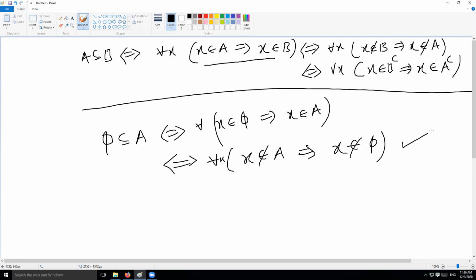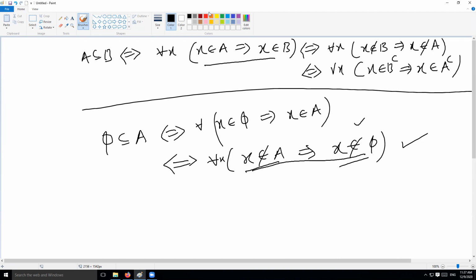This is true indeed. In other words, if you pick an element that is not in A, that element would not be in the empty set. In fact, this is true in general, whether x is in A or not doesn't matter. x would not be in the empty set in all situations, no matter what happens. So this implication is true.